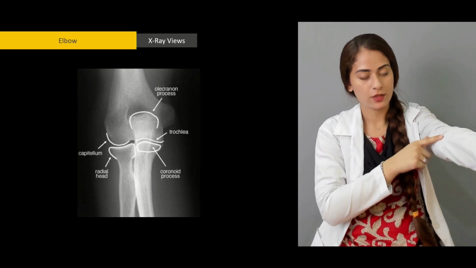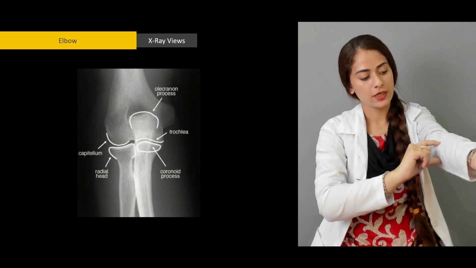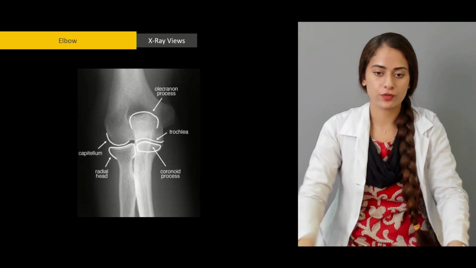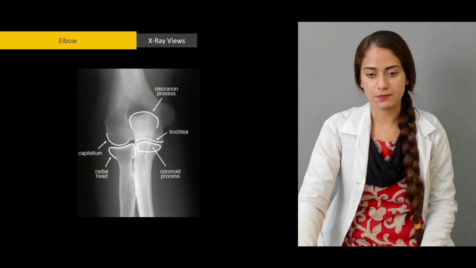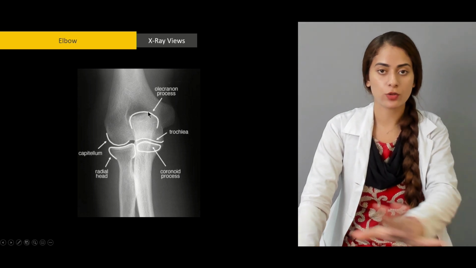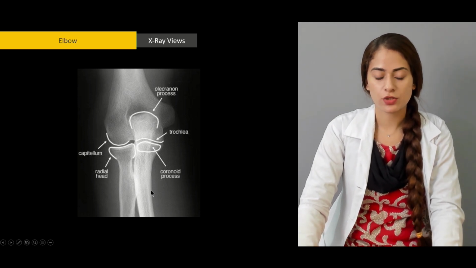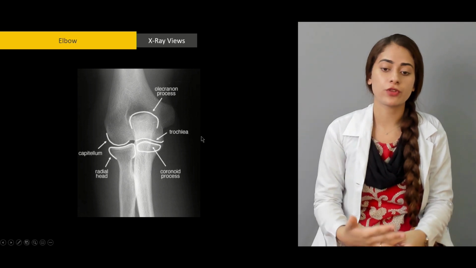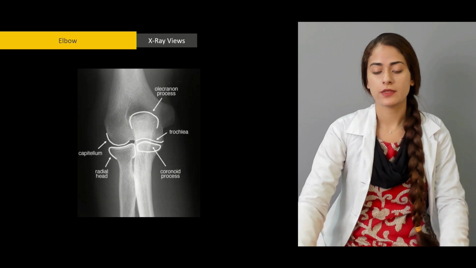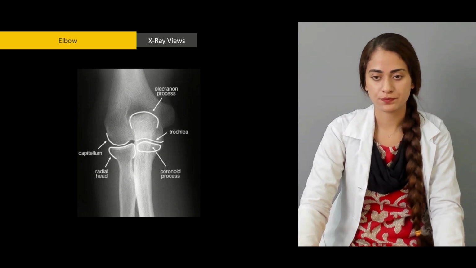So the radius is lateral, the ulna is medial, and this is the humerus, the one bone in the arm region. These are the specific anatomical positions of the different bony structures which appear on radiograph. This is a normal radiograph, and this is how the different structures appear.